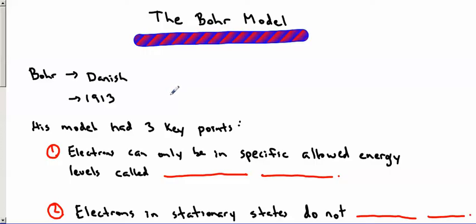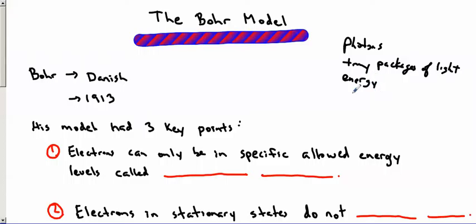All right, atomic theory number 4. Last time we talked about light, and light comes in little photons, which are tiny packages of light energy.